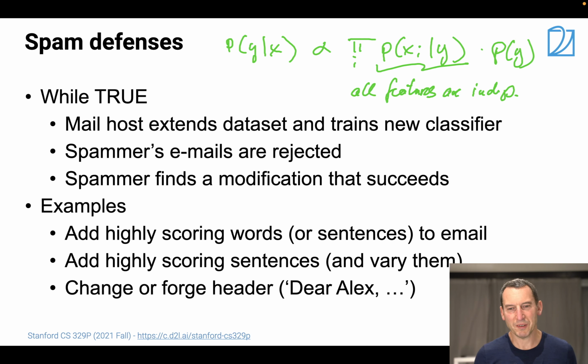Now, ways to attack it are obviously, you add highly scoring words. The next advance was then to add highly scoring sentences. Then you can go and change and forge the header of an email. One thing that usually is a good indication that the email is meant for me is it starts with Dear Alex. If an email starts with Dear Customer, we have found that the insurance for your vehicle has expired.